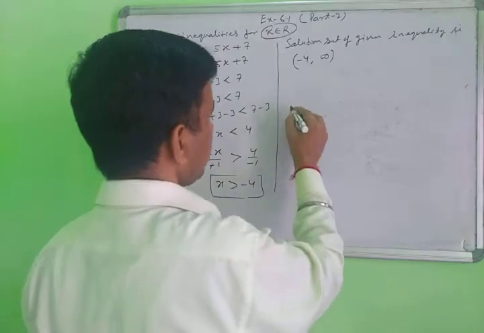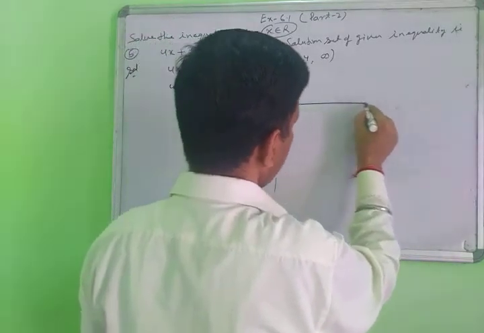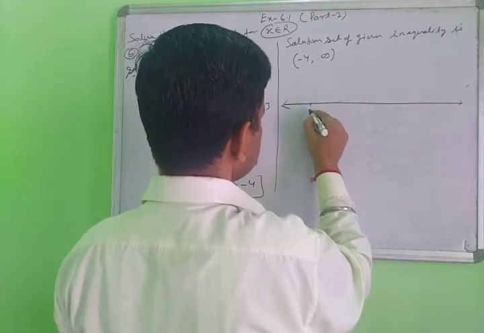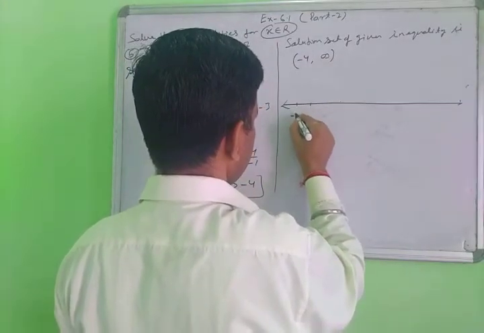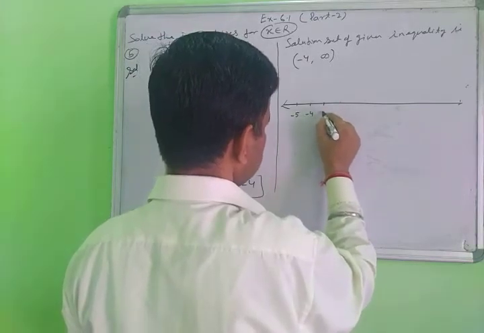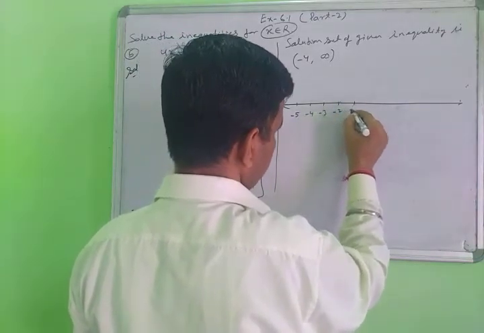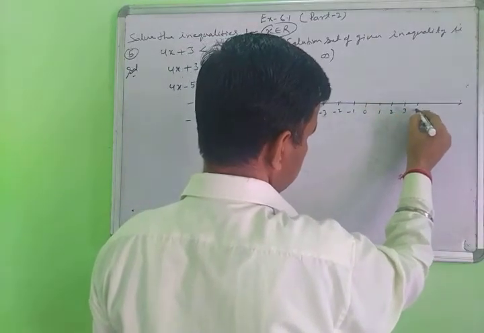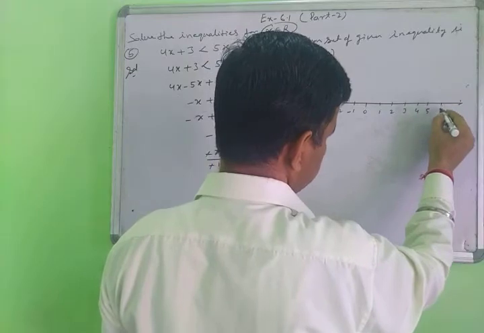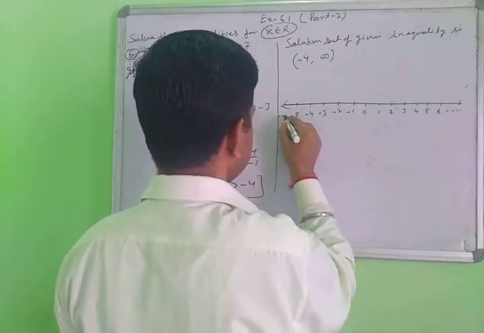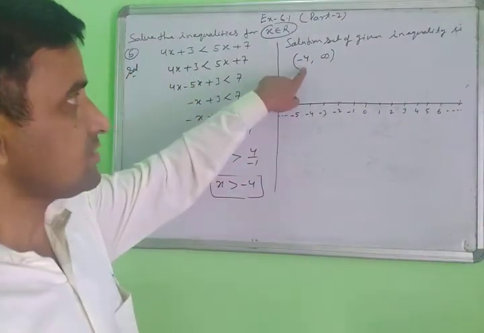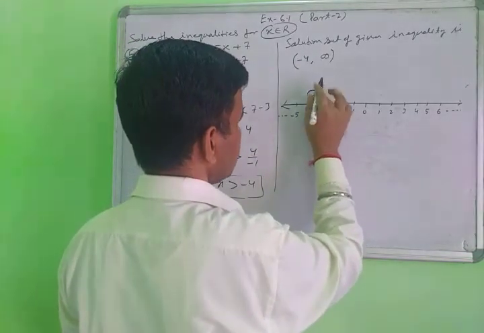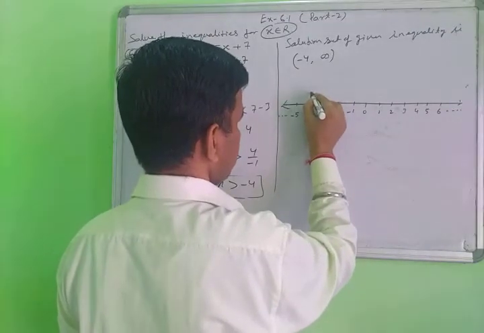How to represent this on the number line? Mark minus 5, minus 4, minus 3, minus 2, minus 1, 0, 1, 2, 3, 4, 5, 6.